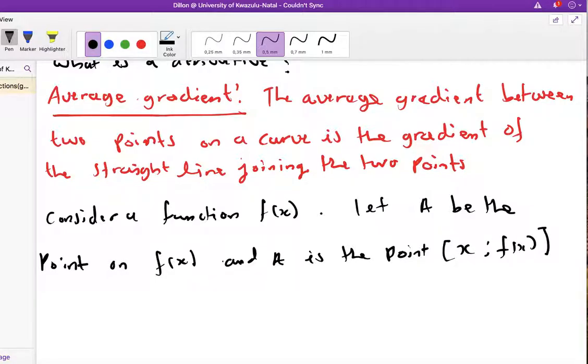So f of x corresponds to the y value, and that's obviously the x value, because f of x is the function value. So cool, a is this point here.